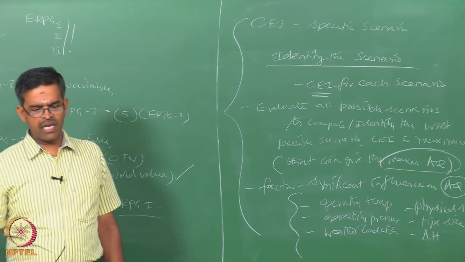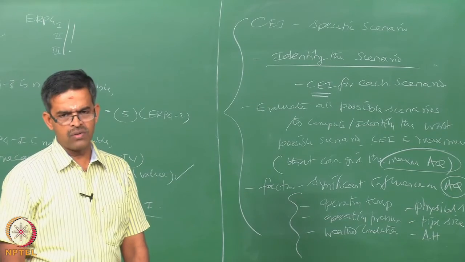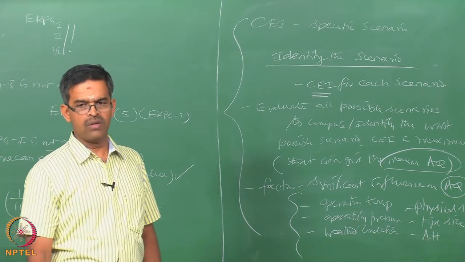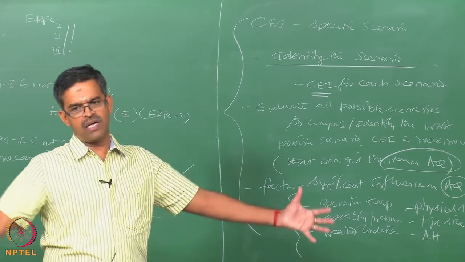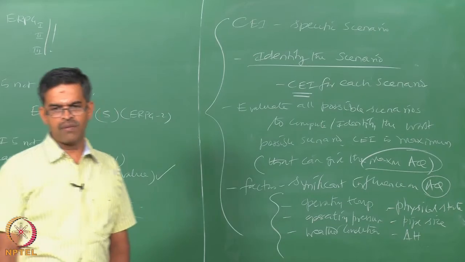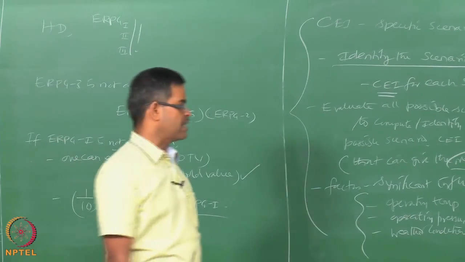So, in the next class we will take up examples and identify scenarios, work out CEI value and AQ values for all the scenarios, and then we will compare the scenarios and say amongst the identified scenarios which is having the maximum airborne quantity or the maximum CEI index.